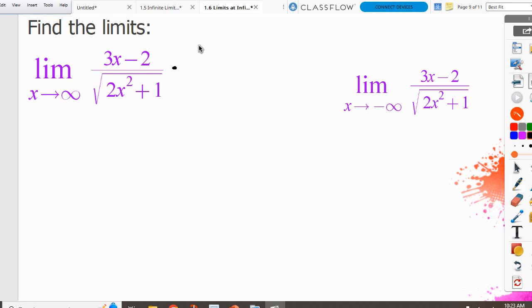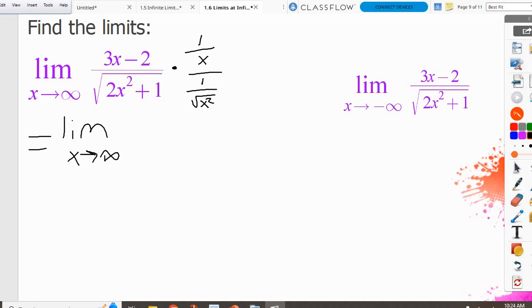So I'm multiplying by 1 over x. Now on the bottom, we're going to multiply by 1 over the square root of x squared. Are we all okay with that? We all agree that those two things are equal. But then in order for it to go inside of my square root here, I need it to be inside of the square root there. So we get the limit as x goes to infinity.